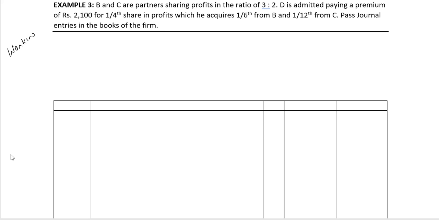Working notes. We have the share of premium of D, rupees 2100.